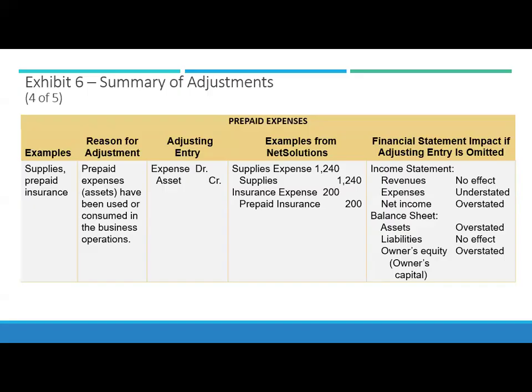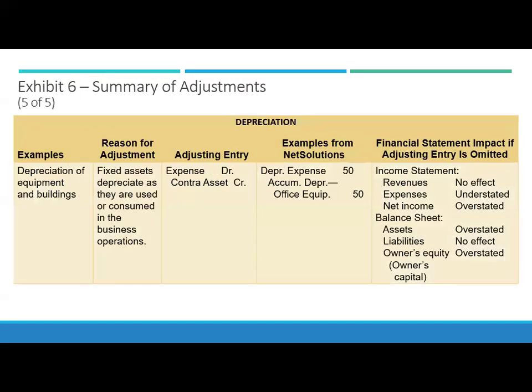Sometimes it's organized in a big spreadsheet. And then supplies expense and insurance expense would be recorded by the office accountant, or maybe corporate accounting would handle it. Depreciation expense and office equipment depreciation would be handled by corporate accounting, or if it's a huge company with a lot of fixed assets, there's usually a fixed assets accounting team responsible for all these items.